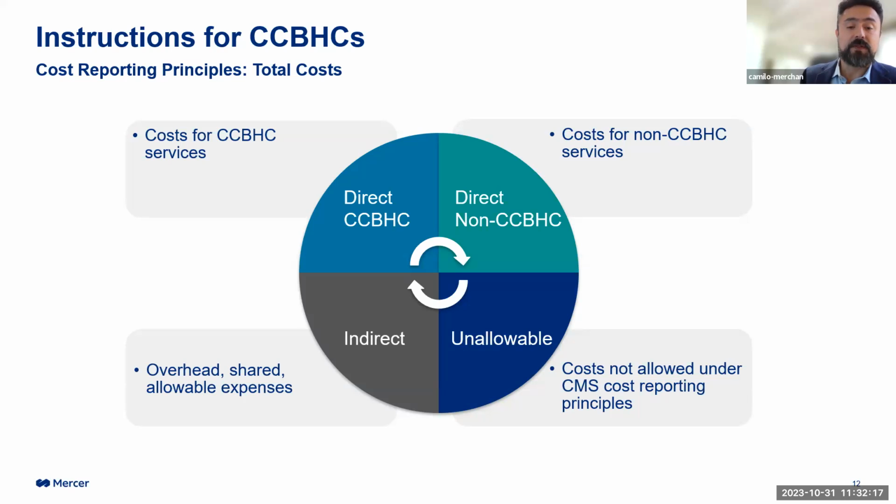Like for instance, if there is a hospital that provides CCBHC services, but also provides surgeries, those won't be CCBHC cost related. And finally, unallowable costs, an example of that will be bad debt. So it's a cost that will be captured in the trial balance, but it won't be allowed to be included in the calculation of the services.